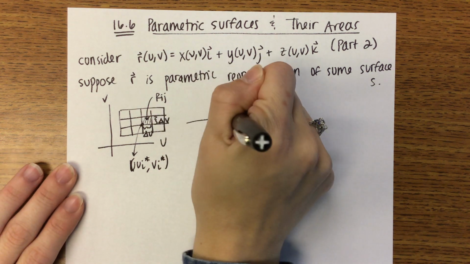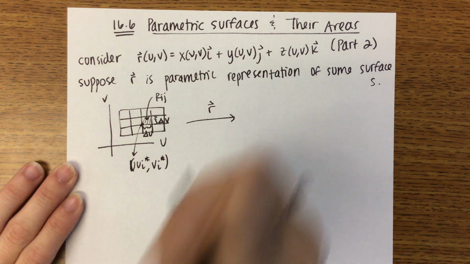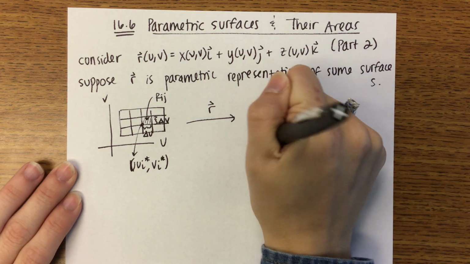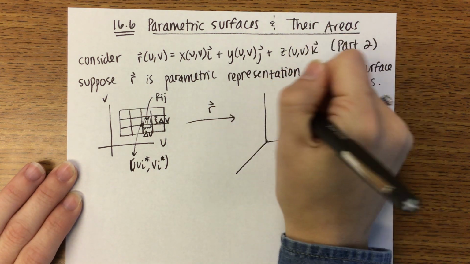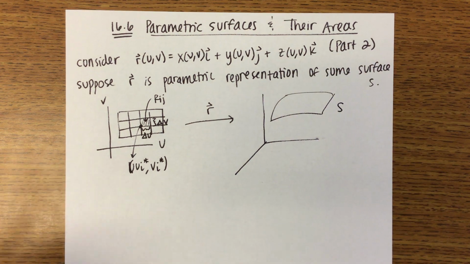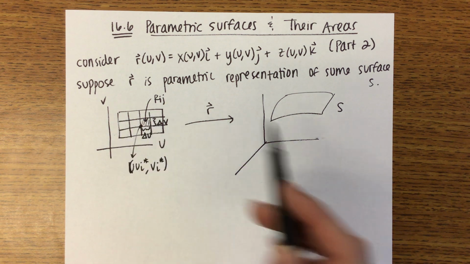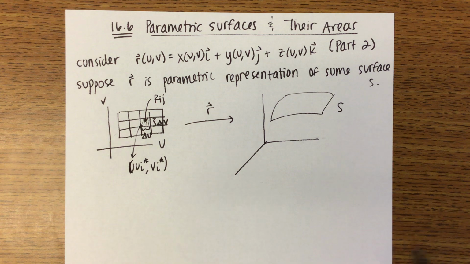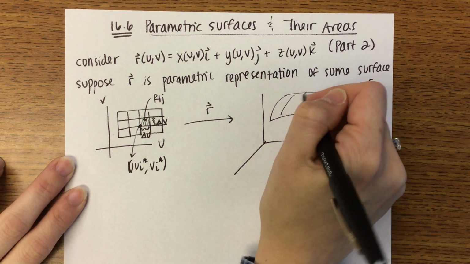Okay, so then r is the parametric representation of some surface. So let's say that S is this surface here. Then what we would do is we would take where r is defined and we would map it up onto S. So we're going to split S up.